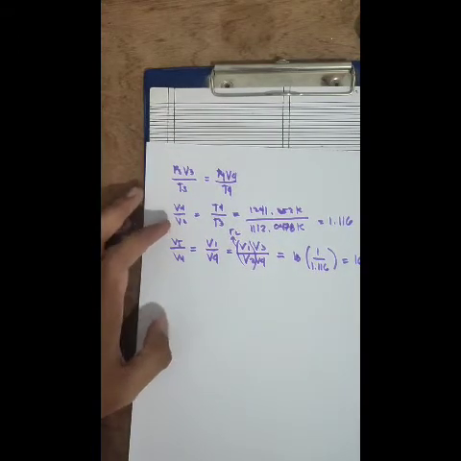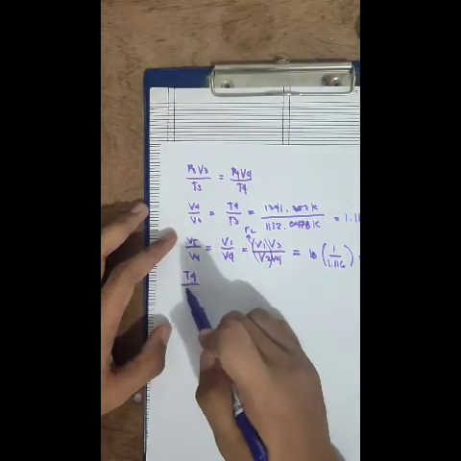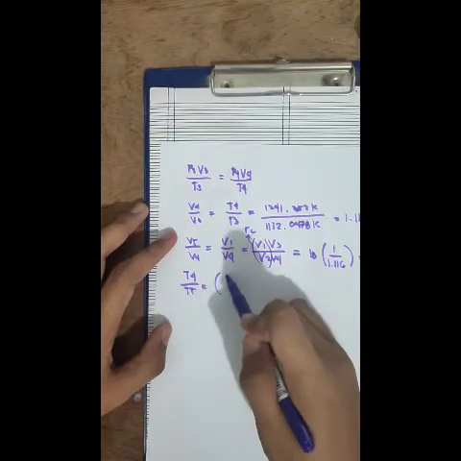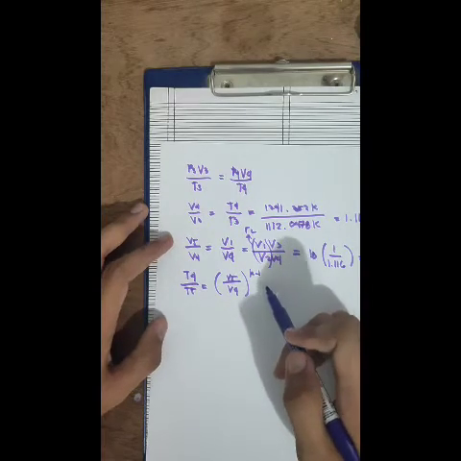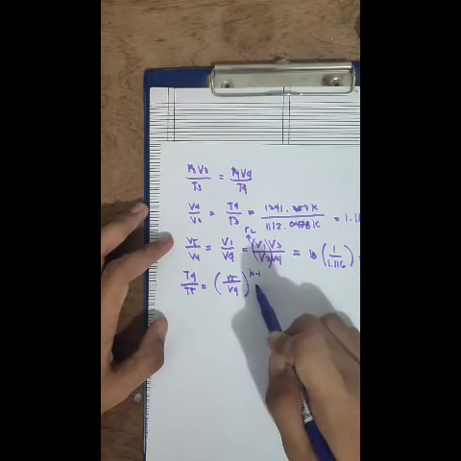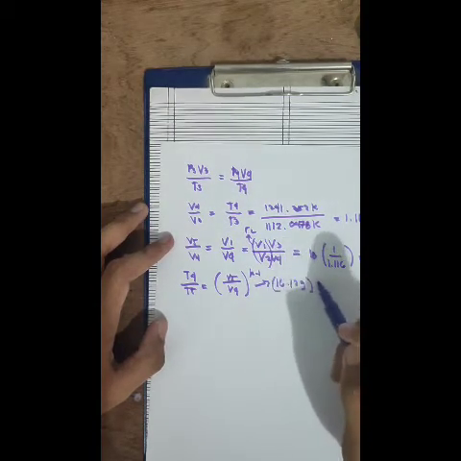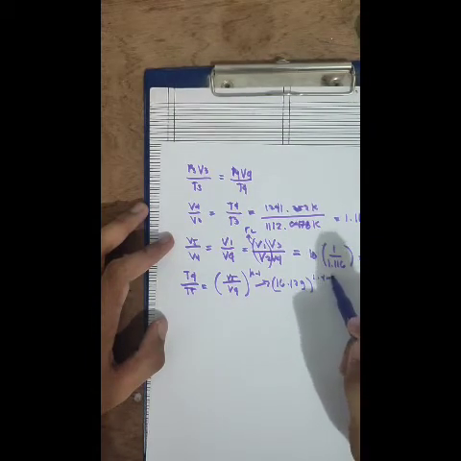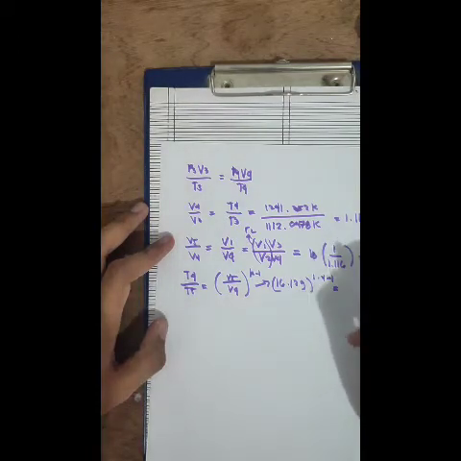So now we can solve the value of T5 by using this formula. T4 over T5 is equal to V5 over V4 raised to K minus 1. So V5 over V4 is 16.129 raised to 1.4 minus 1, which is equal to 3.041.